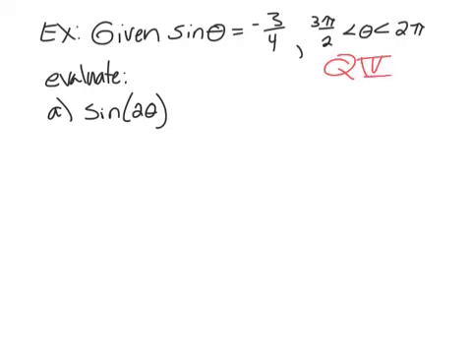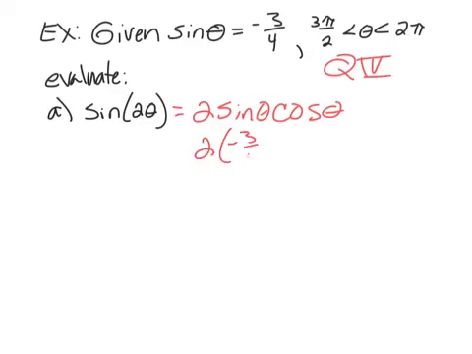So the sine of 2 theta, the identity that we use is 2 sine of theta cosine of theta. So I need ratios for sine of theta and for cosine of theta. I already have sine of theta, it's negative 3 over 4. So when I evaluate this, I'm going to replace the sine of theta with negative 3 over 4, and now I need a ratio for cosine.